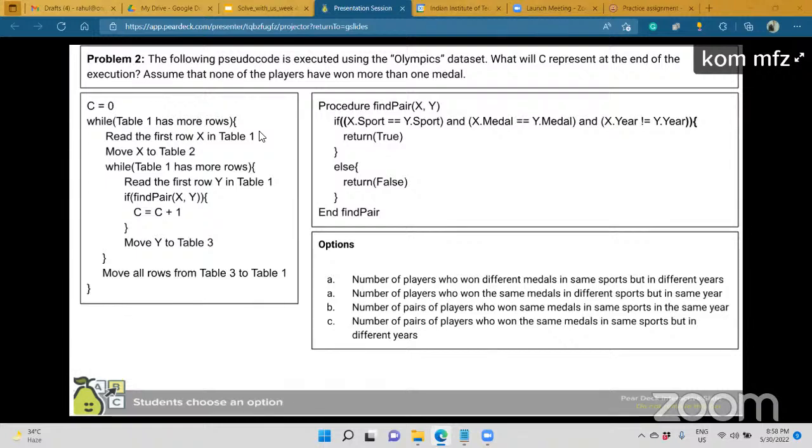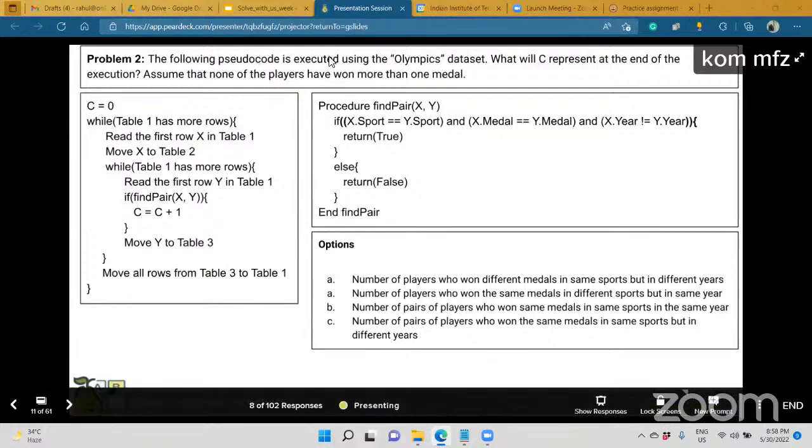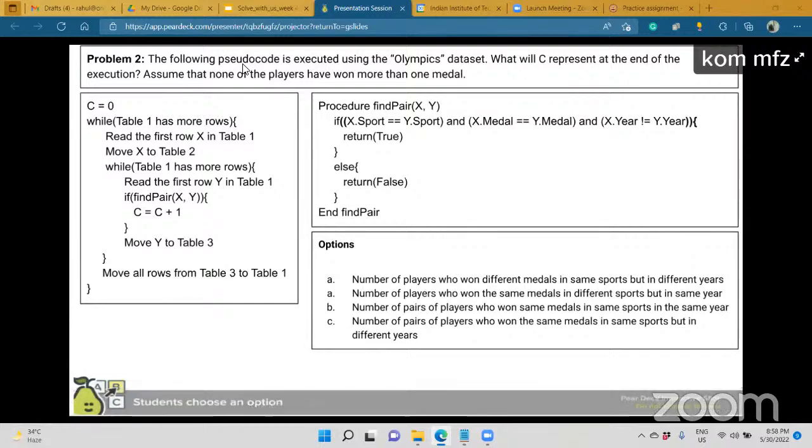Sir, the options are like A, B, C. I did option C only. What about the options given in the peer deck? Were you choosing A, B, C, D, right? We have to choose the option accordingly.